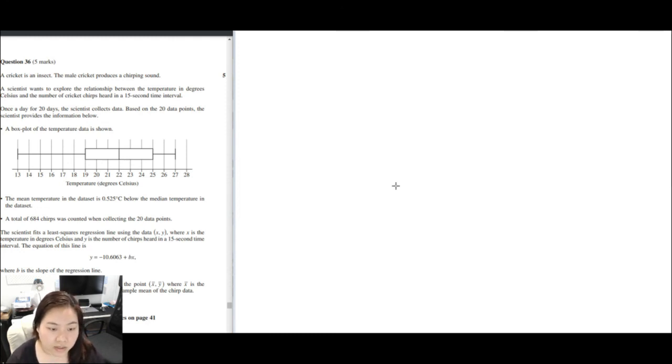The scientist fits a least squared regression line using the data xy, where x is the temperature and y is the number of chirps in a 15-second interval. The equation is below, where b is the slope. The least squared regression line passes through the mean x and the mean y.